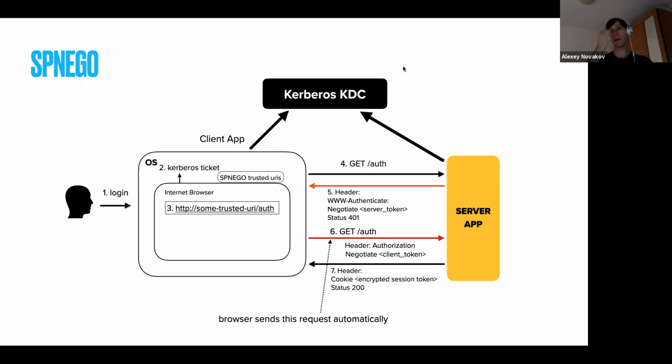So a typical situation could be people working in a big company where they use Windows all around, right? When they log into their machine, there is a specific Kerberos thing that is created on your machine, something like a Kerberos ticket. It's already there on your machine, created once you log into your Windows machine.